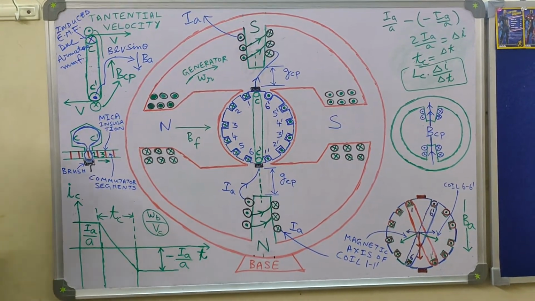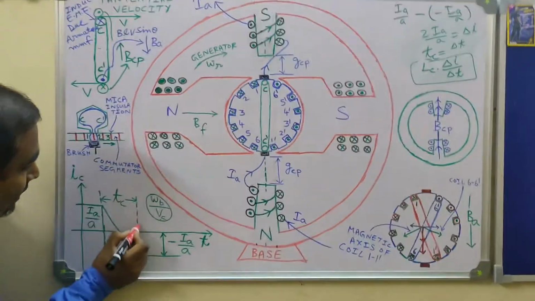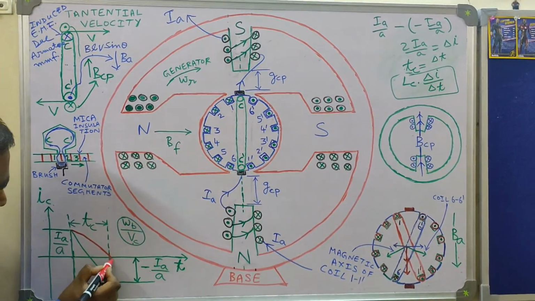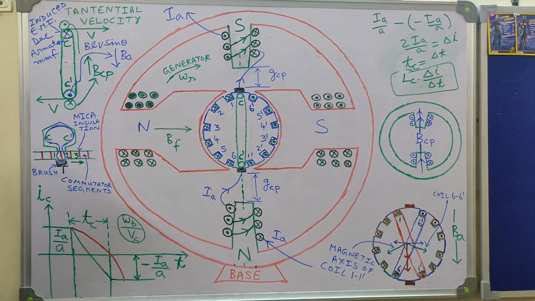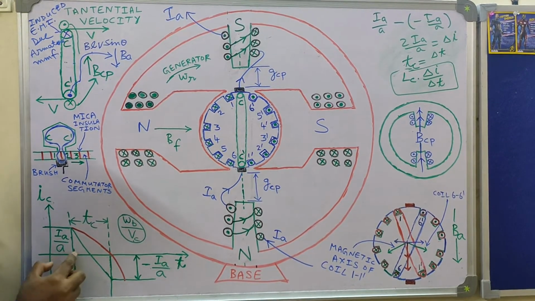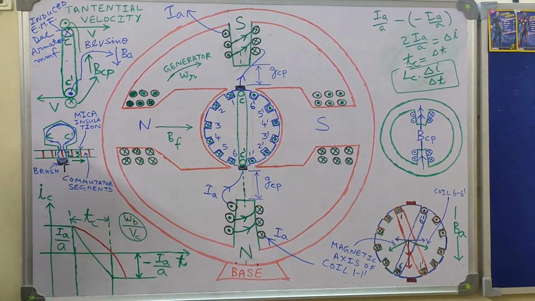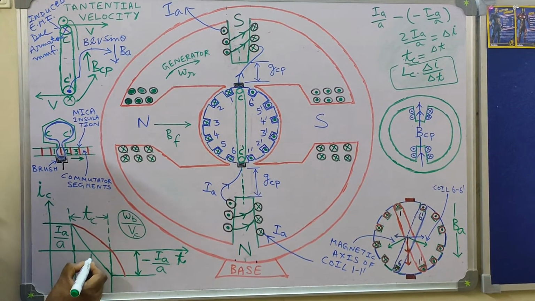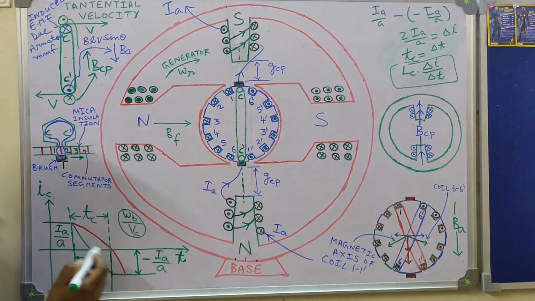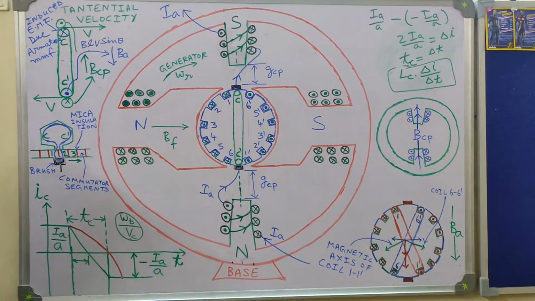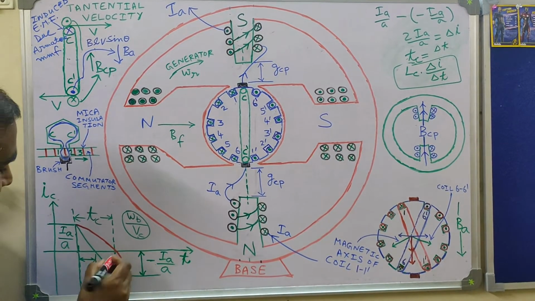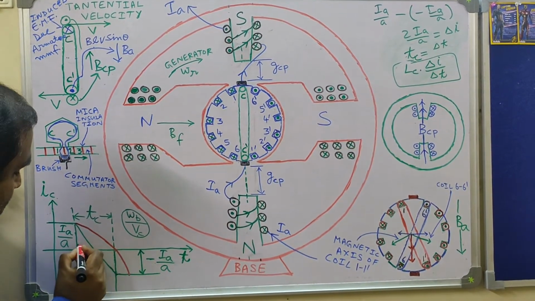So now the coil current will take longer time to change. You may have this kind of thing. Earlier, this much change in current, IA by A, was happening in this much time, but now, due to the delay in commutation caused by the reactance voltage, the same change in current is taking this much time.